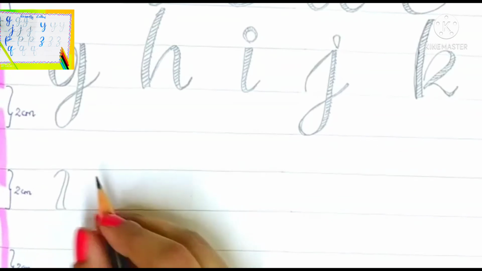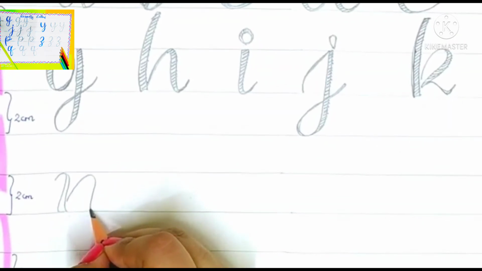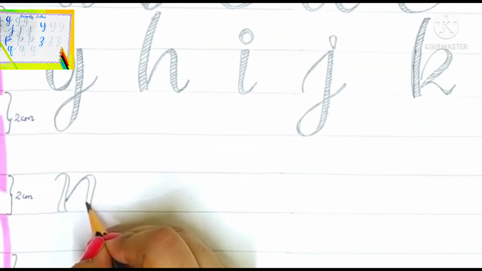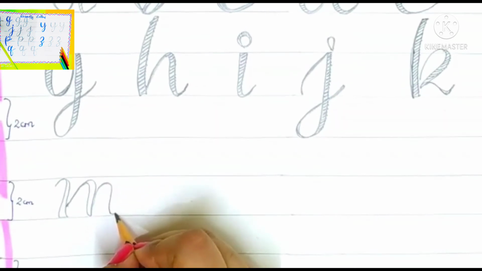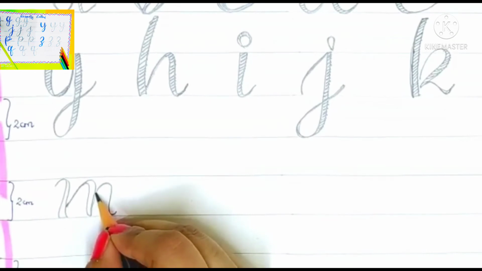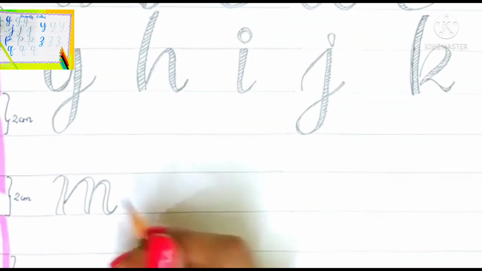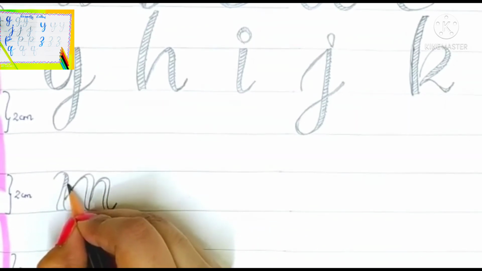After making it, it's up, down, and then up and down again. So this is your M. Just fill your strokes.